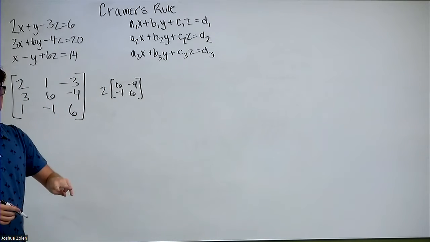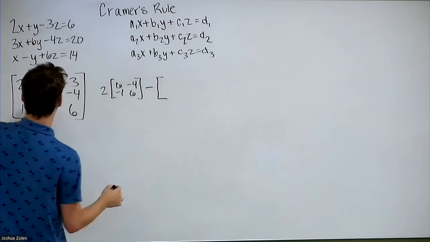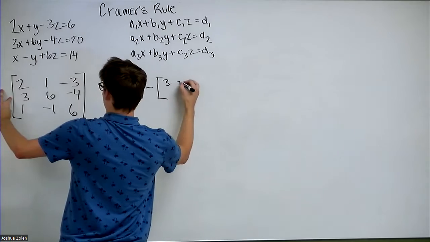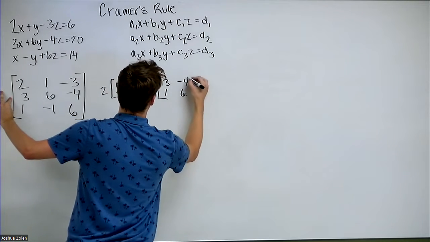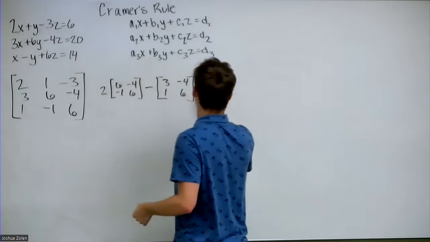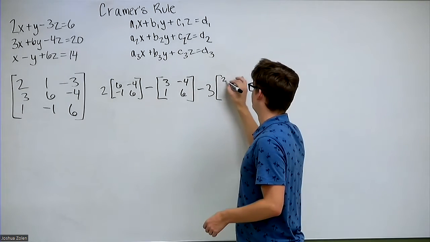And then remember, we have to flip the signs as well. So we're going to do minus 1 times second column, first row. And then we have plus a -3. So we'll do minus 3 times 3, 6, 1, and -1.